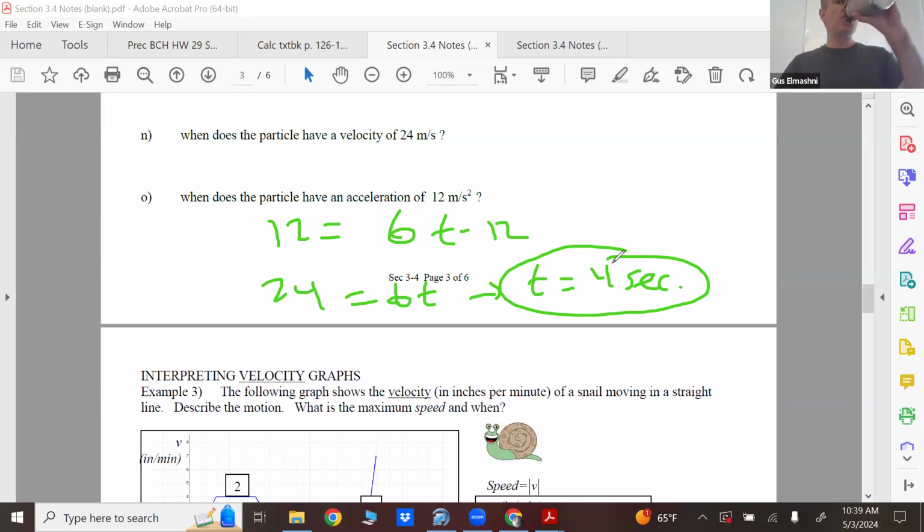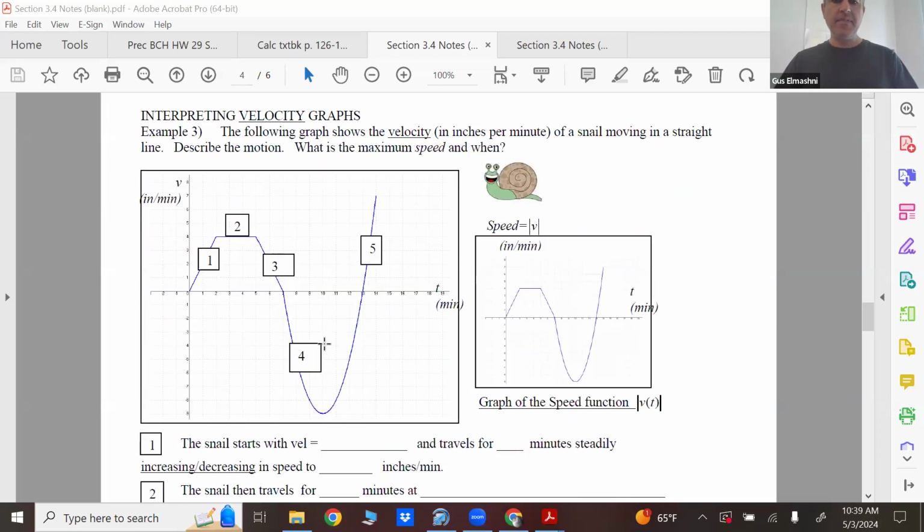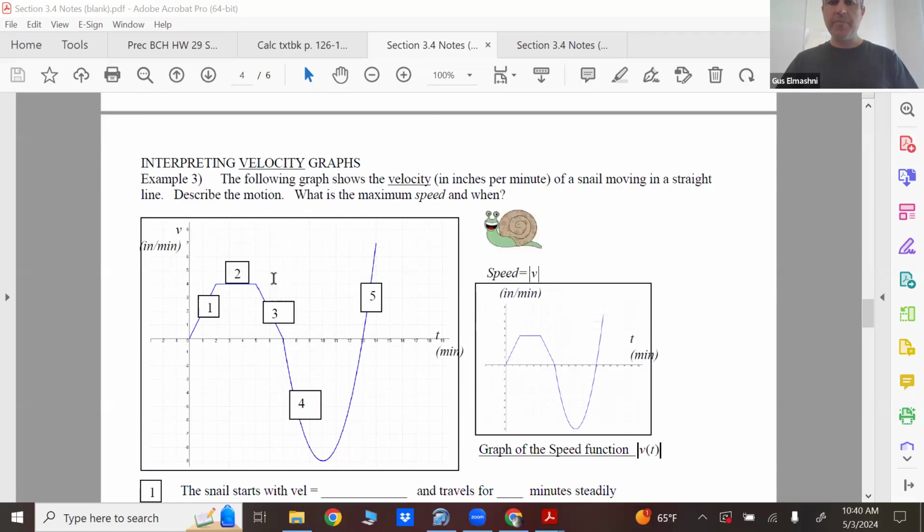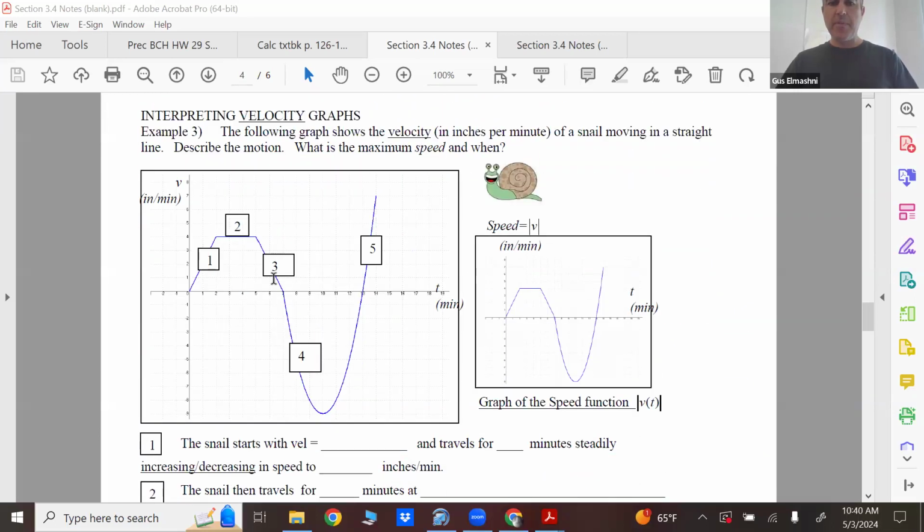Yeah. All right. We'll see one more page here, and then we'll stop after that. Because I don't want to overwhelm you guys with too much information.